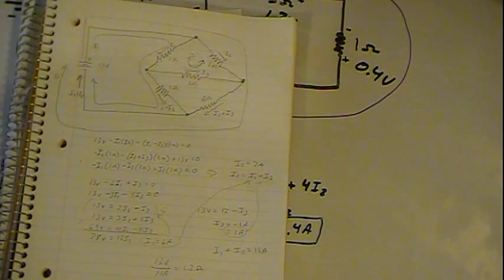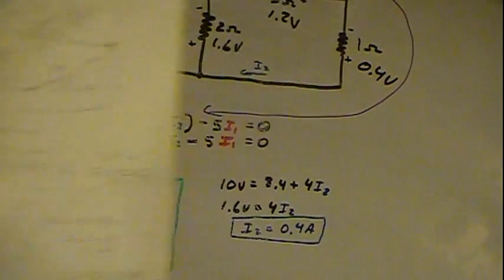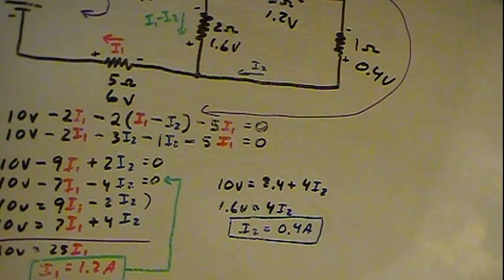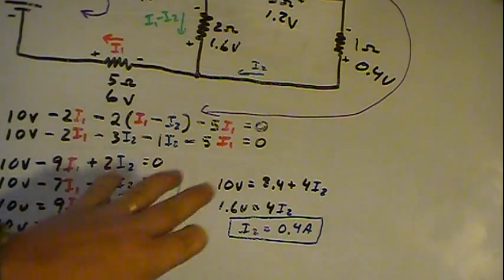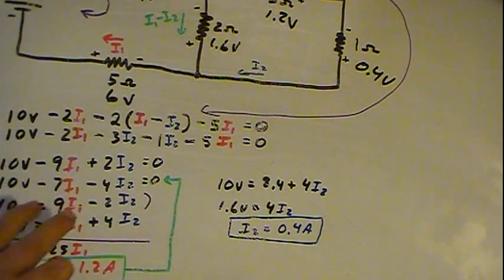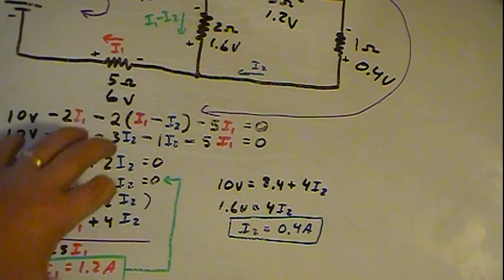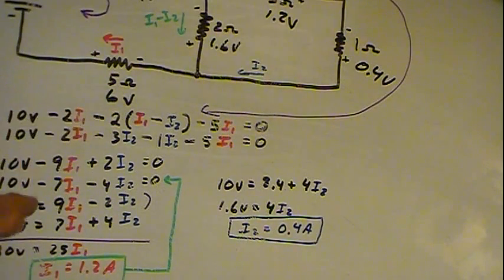So anyway, the video is starting to get long, but that's Kirchhoff's laws in a nutshell. If you have any questions, I'll go over some more examples of these. They're not really difficult. It's just a little bit to set up the equations and then figure out how to get them simplified.